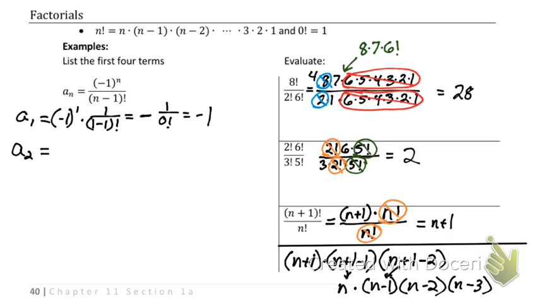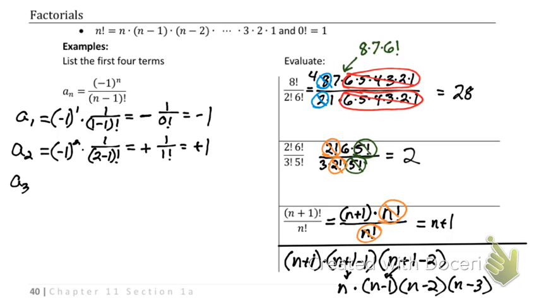If I have a sub 2, we'll have negative 1 squared times 1 over 2 minus 1 factorial, which equals, well, negative 1 squared is positive, so we'll have a positive out front. And then we'll have 1 over 2 minus 1, which is just 1 factorial. And that's just going to be a positive 1.